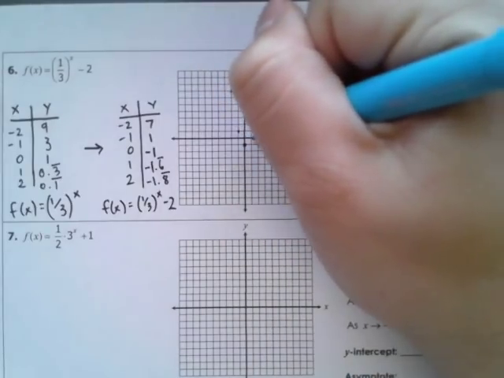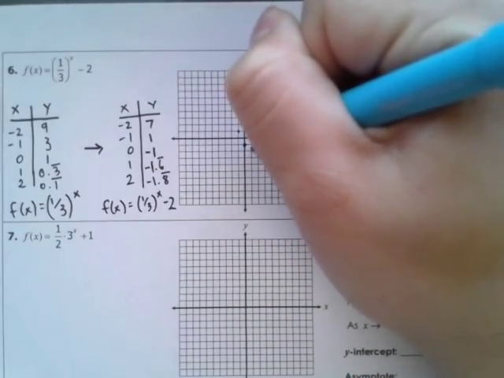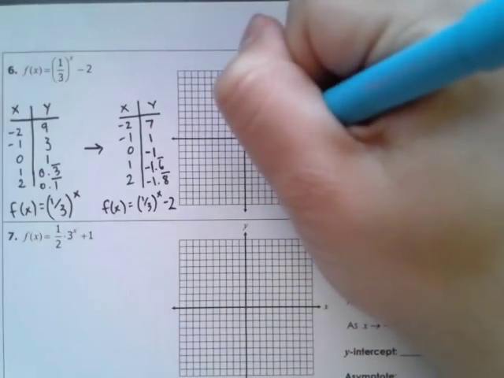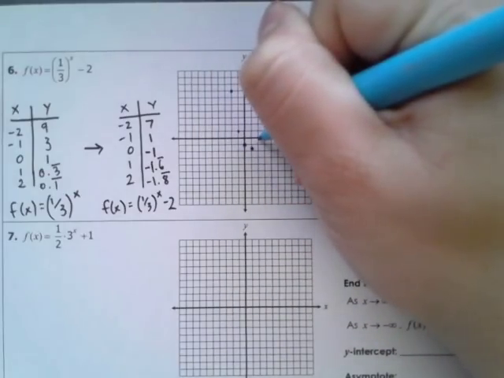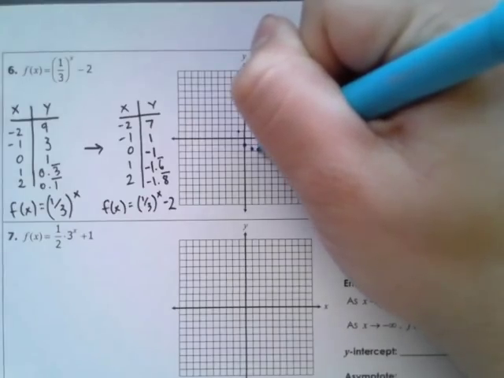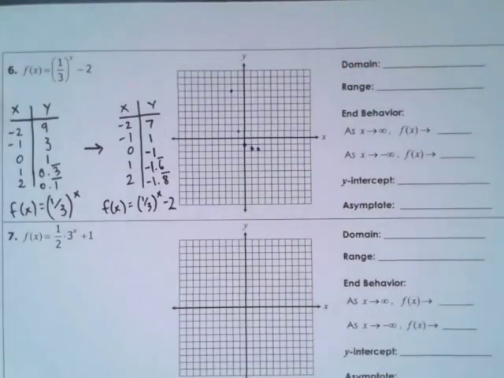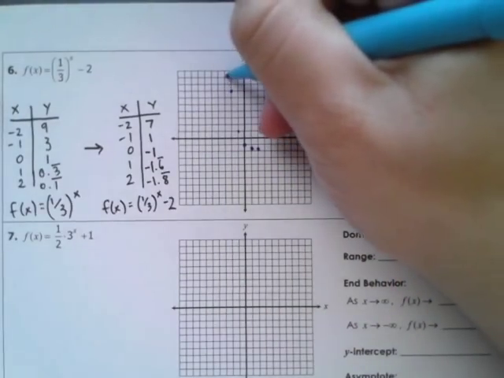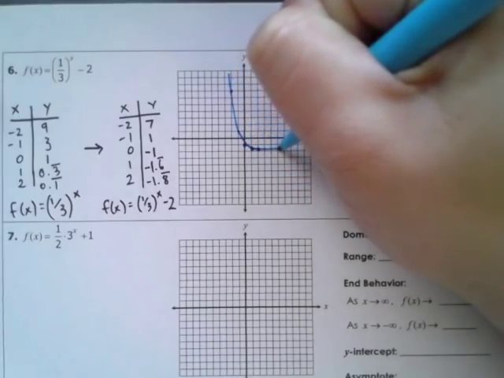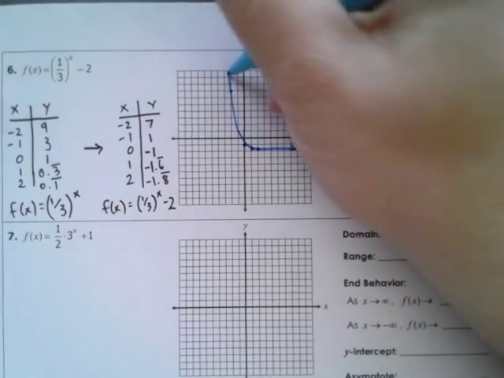At x is equal to 1, I have -1.6, so approximately there. And then when x is equal to 2, I have -1.8, so almost touching y is equal to -2. So then you connect these dots here, and here's what this one is going to look like.